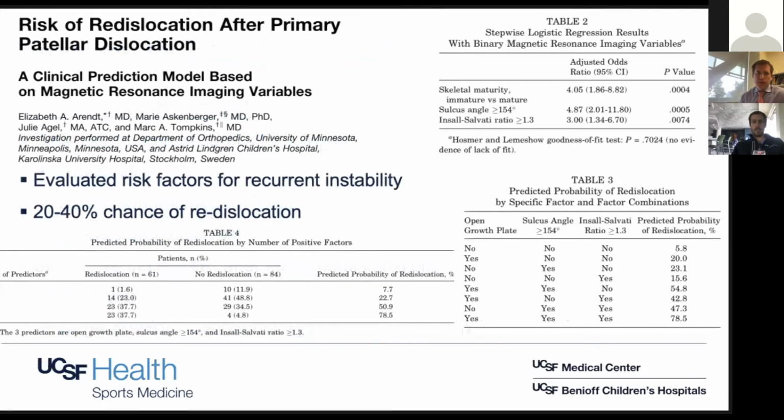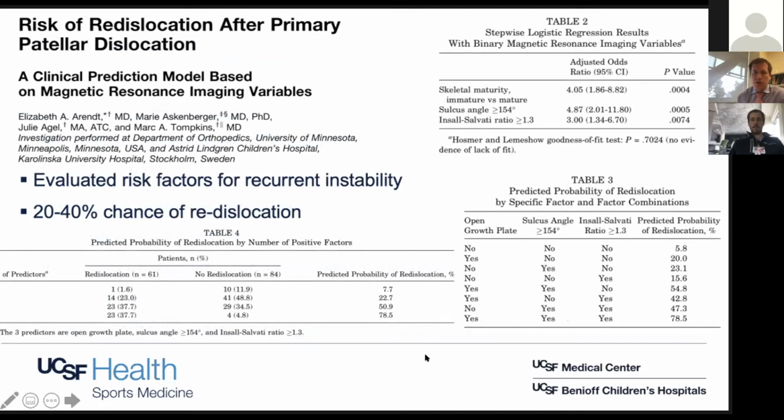And then, I think an important thing in counseling these patients is their risk of redislocation. This is out of Minnesota, and they looked at risk factors for recurrent instability and overall found a 20 to 40% chance of redislocation.